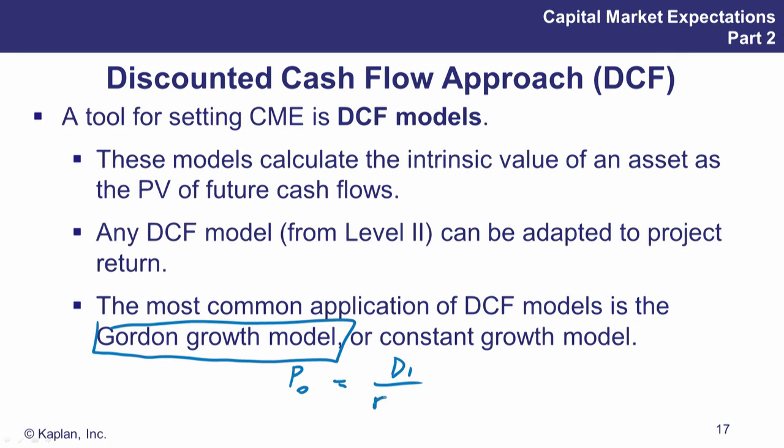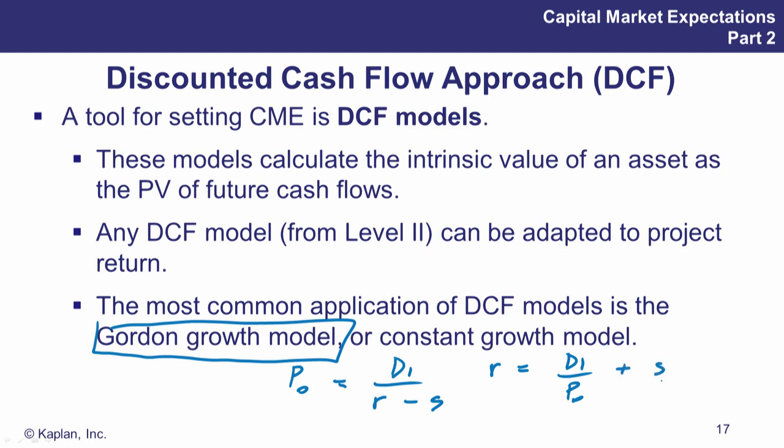Then of course we've got our discount rate, and we've also got our growth rate here as well. And here we're rearranging to get our returns: our required returns, expected returns, forecasted returns, I guess. And when we rearrange the model, we have D1 over the current price, and of course plus g.